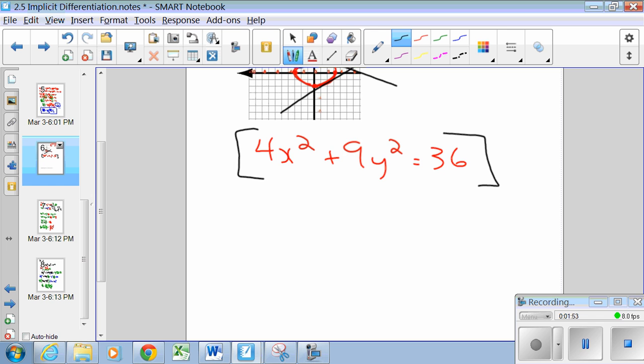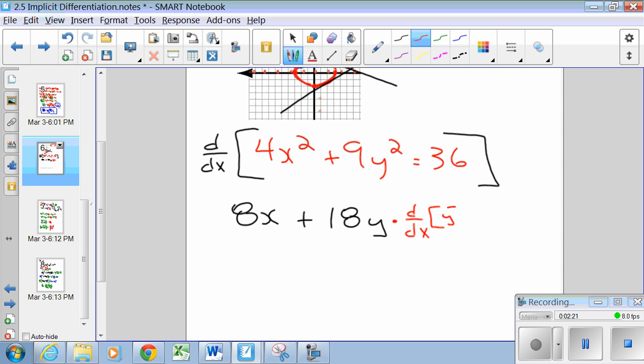So let's tell everybody that we're going to take a derivative. And now let's take the derivative of 4x squared. So 4 times 2 is 8. Decrease the exponent on x squared by 1 and it becomes x to the 1. Derivative of 9y squared: 9 times 2 is 18. The exponent on the y value decreases to degree 1 as well. But the chain rule is telling us this is not a base of x.